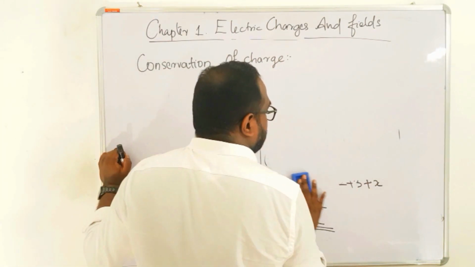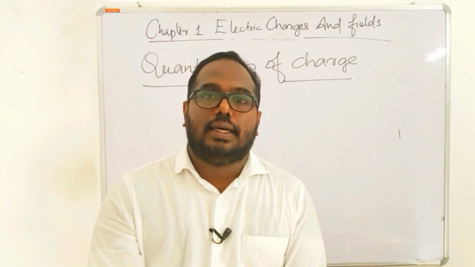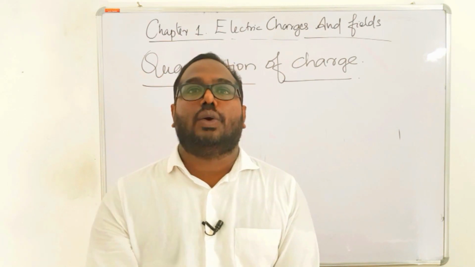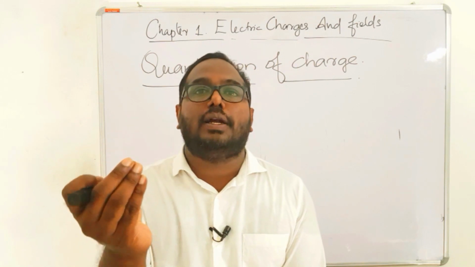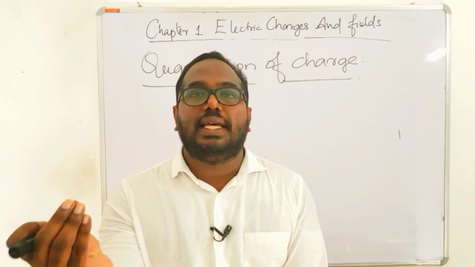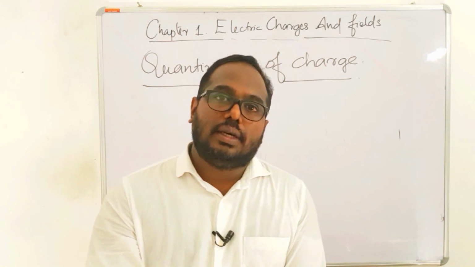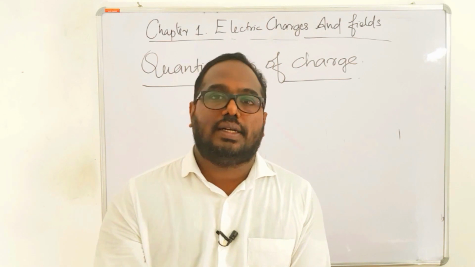Quantization of charge. Quantization of charge is the principle that a charge can exist on a body only in integer multiple of basic elementary charge. That is, the smallest charge that can exist is the charge of an electron, right, or proton.